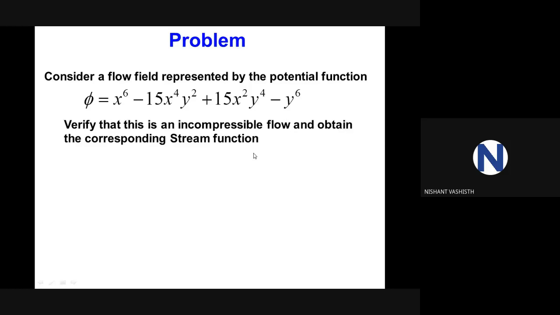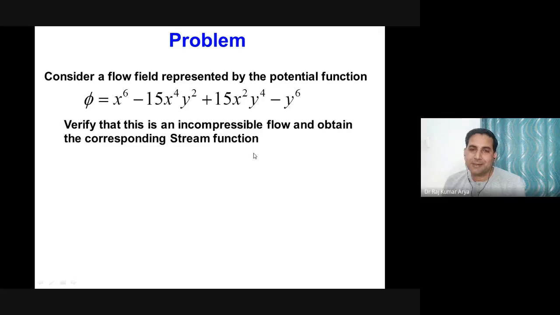So del u by del x plus del v by del y is equal to 0. Yes, that is your continuity equation for incompressible flow, right? So del u upon del x plus del v upon del y must be equal to 0 for your incompressible flow, right? That is your continuity for the xy plane.